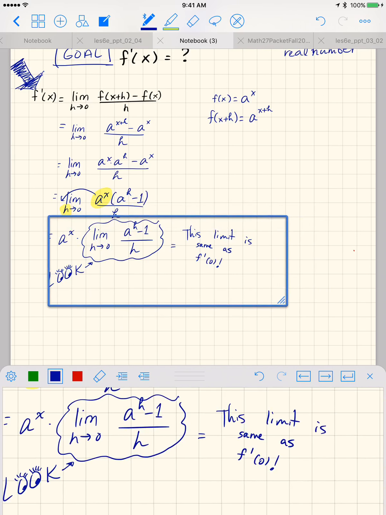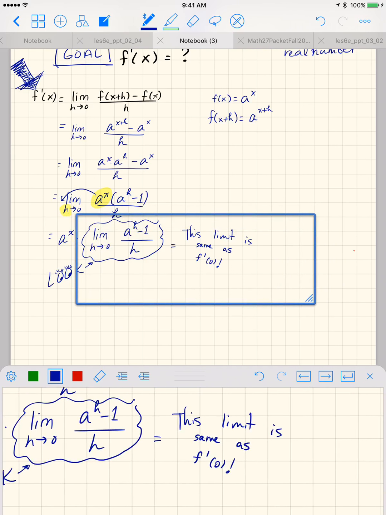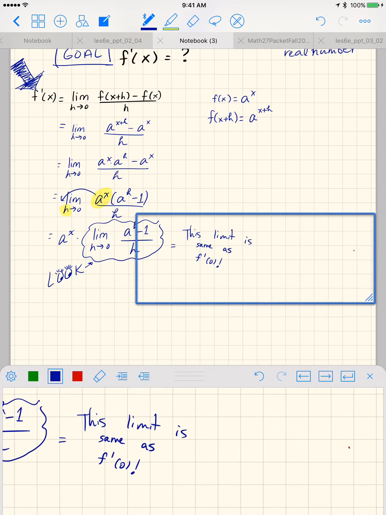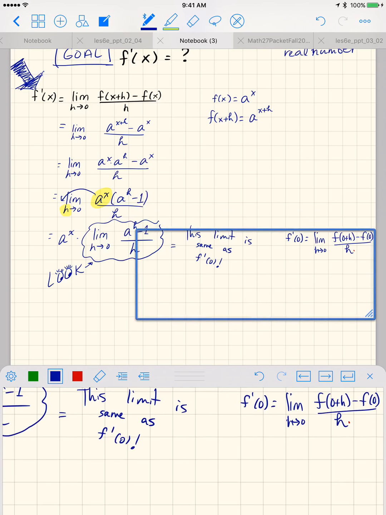Okay, and let's just double check that. What is f prime of 0? f prime of 0 is going to be equal to the limit as h goes to 0 of f of 0 plus h minus f of 0 divided by h.